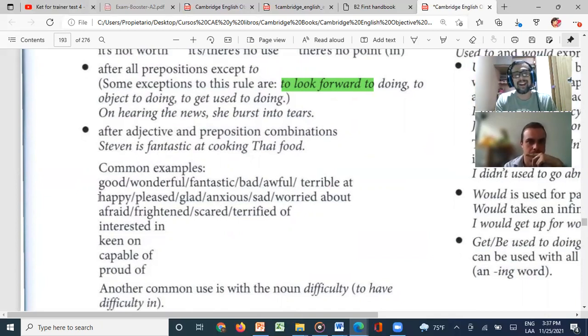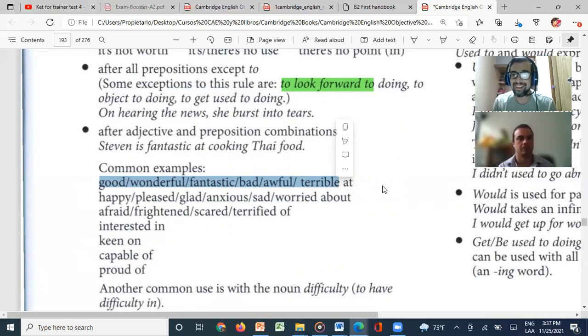Why? Because, for example, with the adjective good, with the adjective wonderful, fantastic, bad, awful, and terrible, we use the preposition at. So you can say, for example, yes, I am good at singing.